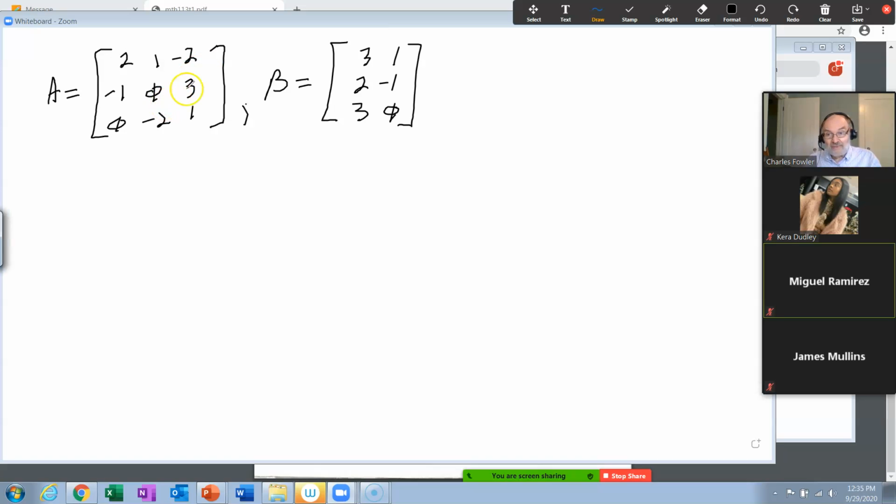First question, can we do A times B? Well, this is a 3 by 3. This is a 3 by 2. So sure enough, since the inner numbers are the same, then our answer is going to be a 3 by 2.